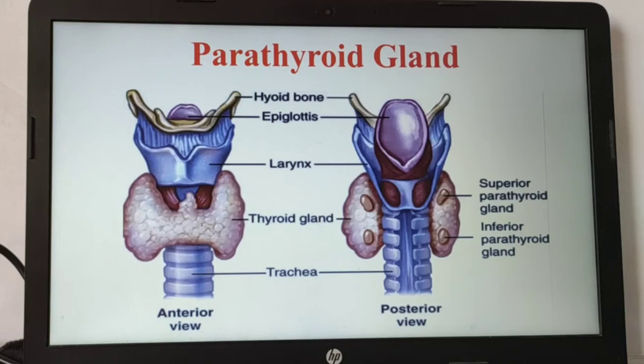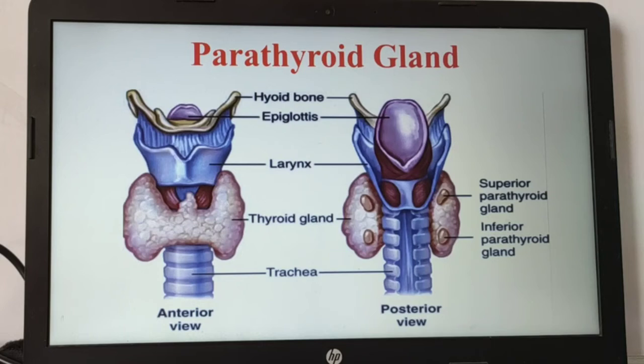That means it regulates the concentration of phosphate and calcium. Because of this hormone, the blood calcium level increases, calcium is helpful in our bones, and loss of calcium in the urine is reduced.